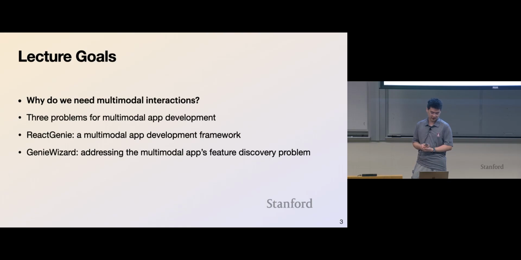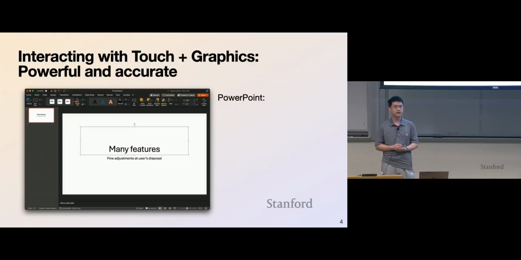One of them is called React Genie, which is a multimodal app development framework. And the second is called Genie Wizard, which addresses what I think is the biggest problem that hasn't been solved yet in multimodal interaction, which is the feature discovery problem. So I'll start by talking about what multimodal interactions are.